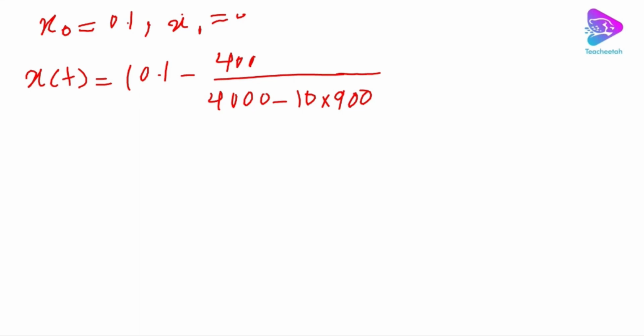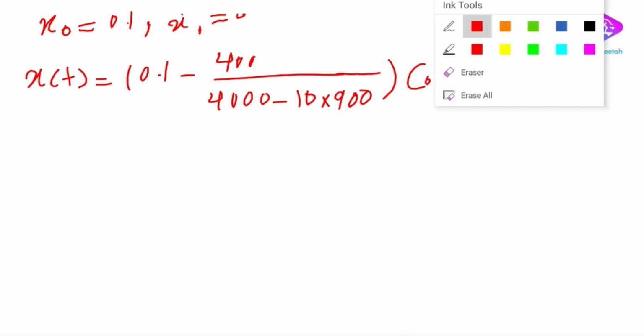As you remember, omega squared is 900. So then we have cos omega n t, or let me use the value for omega n here.